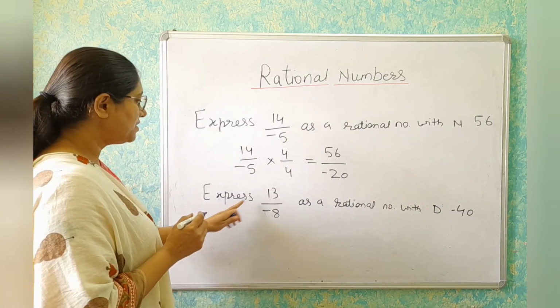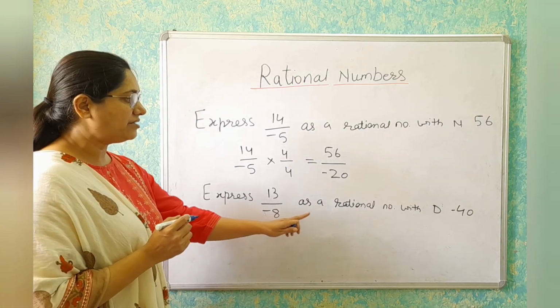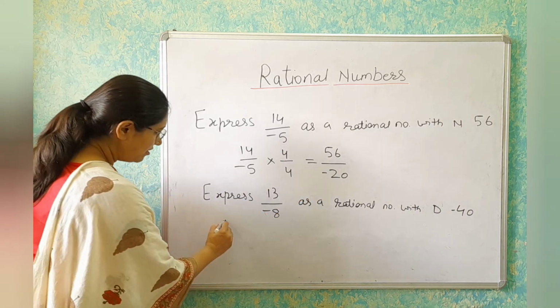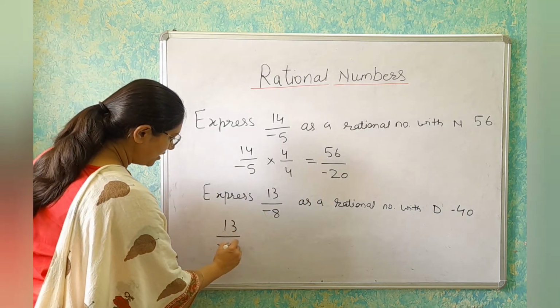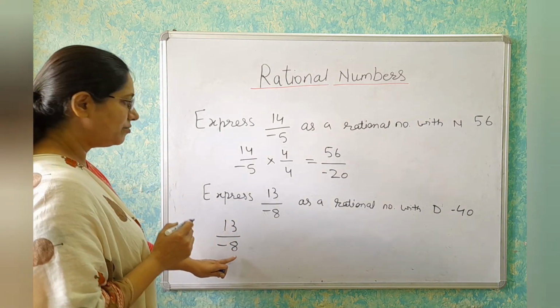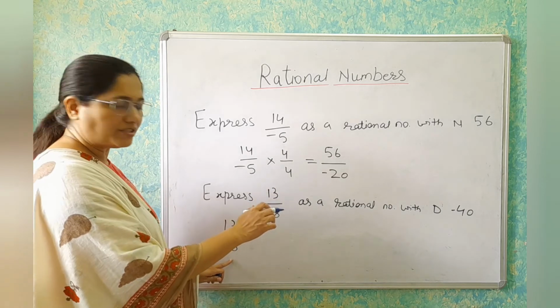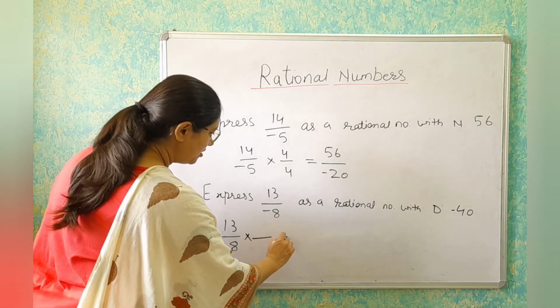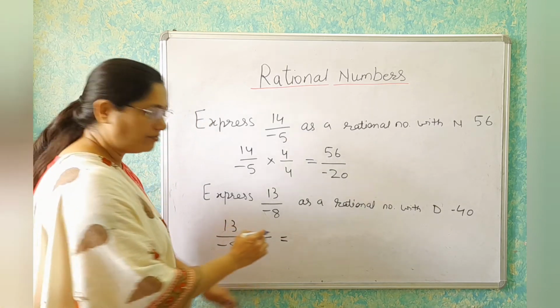Next, I have to express 13 upon minus 8 as a rational number with denominator minus 40. First, I will write 13 upon minus 8. Right now, the denominator is minus 8, but I have to change it into minus 40. So I will multiply it with a number so that 8 will become 40.